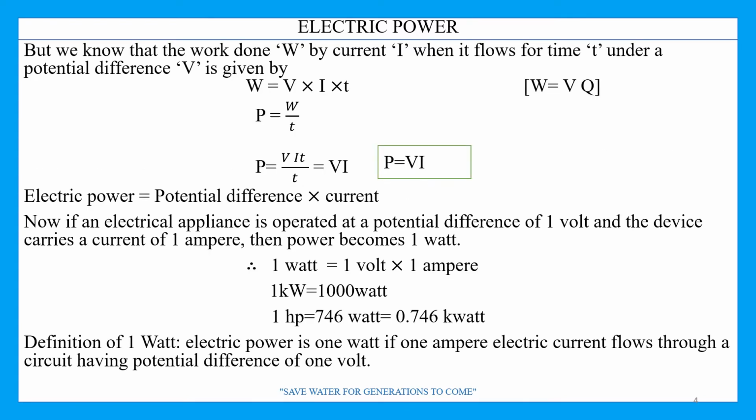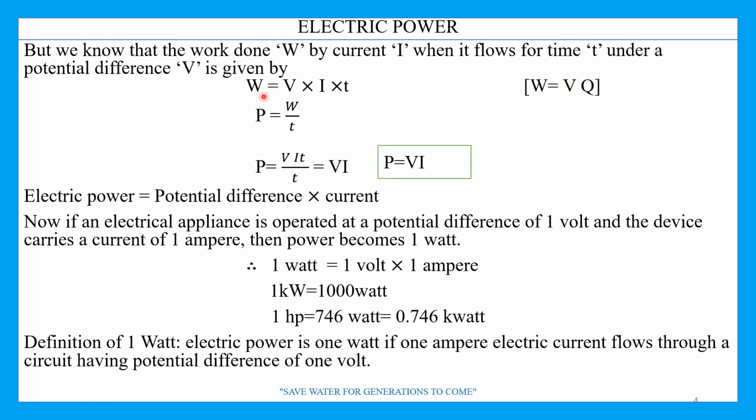In earlier sessions we discussed that the work done by electric current I, when it flows for time t, when potential difference V is applied, is given by V into I into T, because we know that W is equal to V into Q. V is the potential drop applied by the source of electricity.